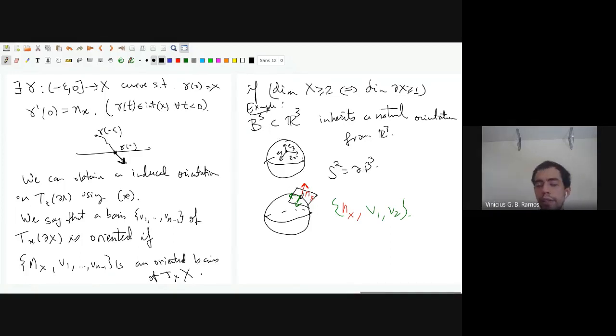So I just look, I'm in R3, I actually need this one to be V1 and this one to be V2. Yeah. So this one will be V1, this one will be V2.